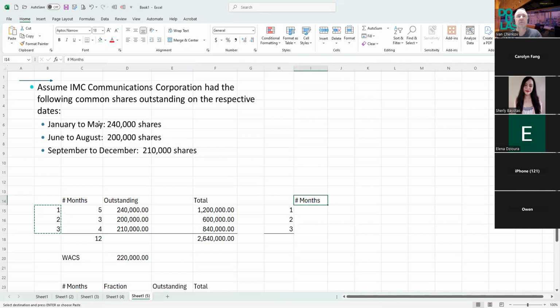So watch this. What happened here in reality? Initially we have 240,000 shares. Then we purchase back 40,000, so we reduce the number by 40,000. And then we increase the number by 10,000. Make sense? That's what happened in reality.